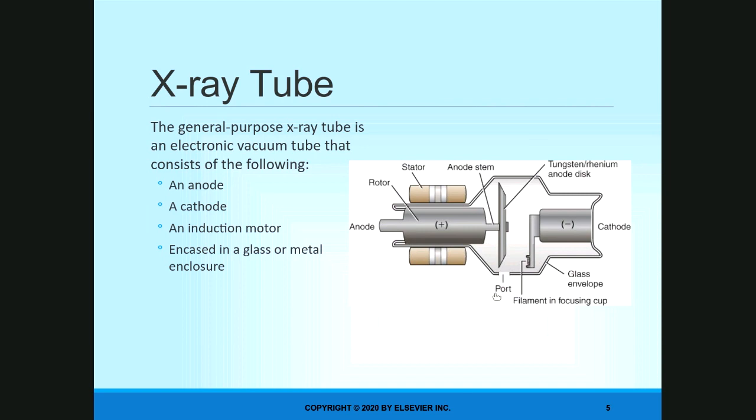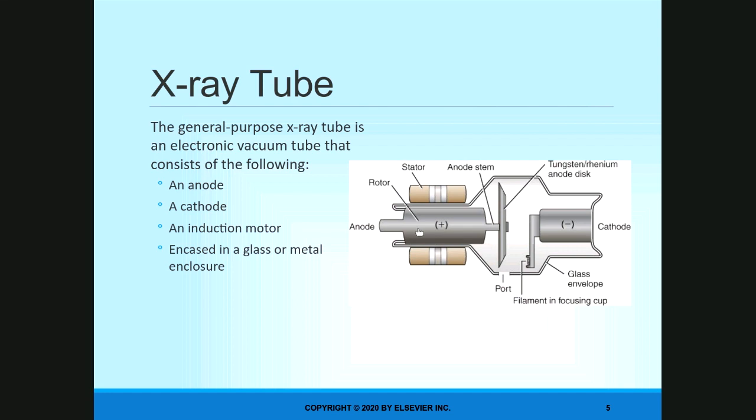This one happens to be a glass enclosure, but they do make them out of metal as well. They reference that the anode typically has an anode target and the induction motor, which is the stator and the rotors.